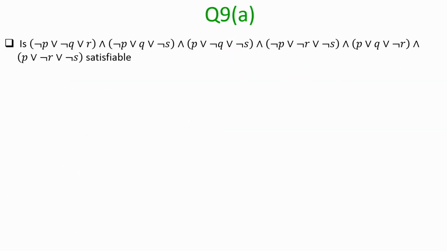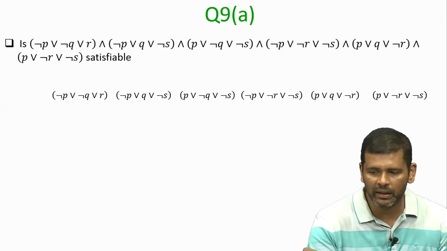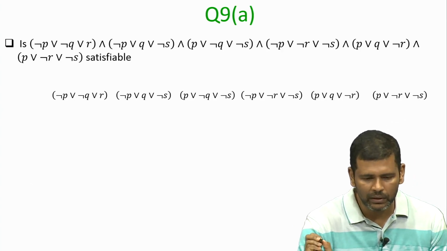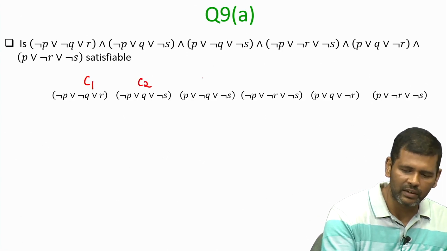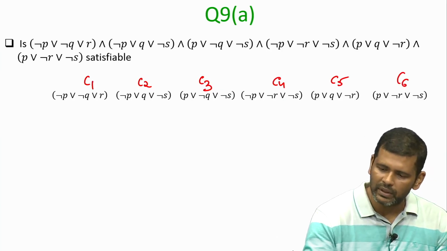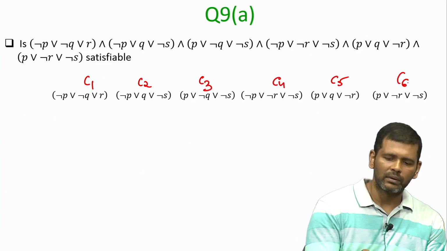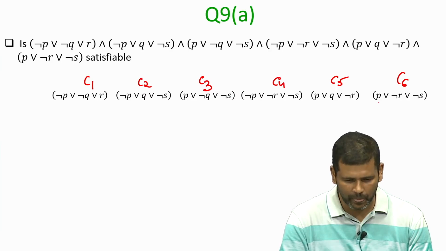Now, question 9 asks you to show whether this long compound proposition is satisfiable or not. So, what I do here, this expression is already in its conjunctive normal form, and I have written down the various clauses that are involved in this compound proposition, and I have to think how it is possible that I can simultaneously satisfy all these 6 clauses.